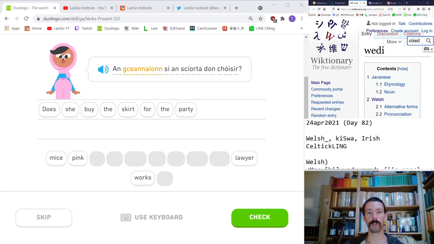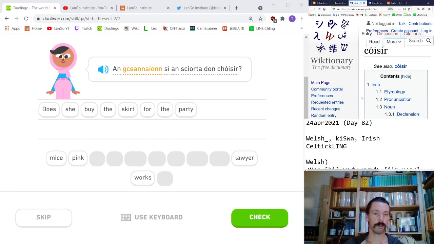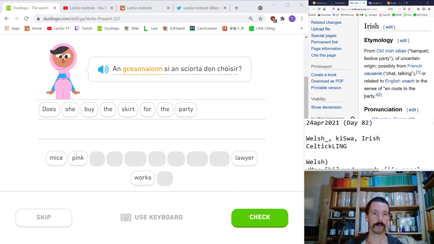So that's a plus. Cóisir, banquet, festive party, uncertain origin, possibly from French causerie, or related to English coach in the sense of en route to the party. Okay.